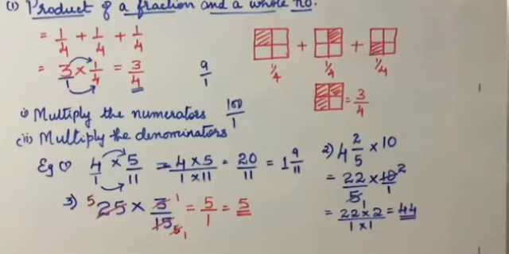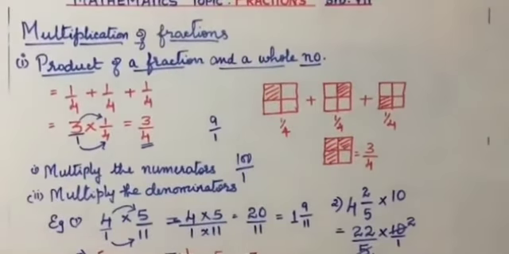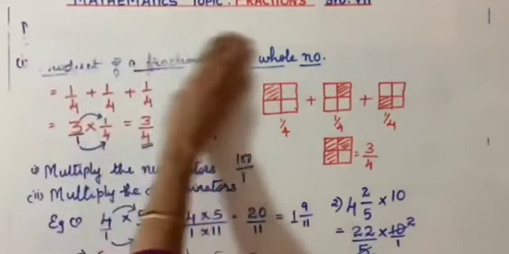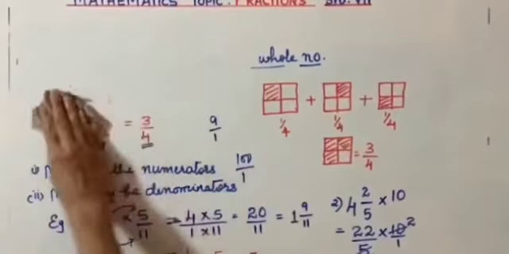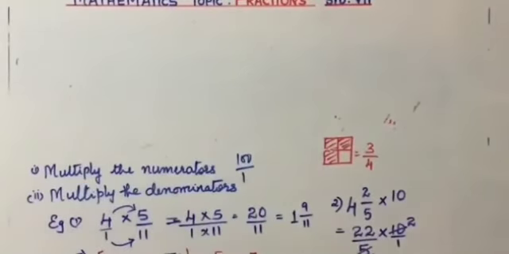The next part is, let us see if we have the operation of in the problem, how we have to do. So even this is also multiplication. So I hope you've copied. Now fraction as an operator of.